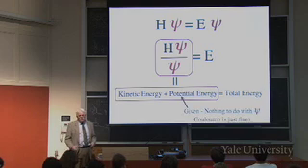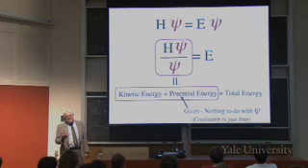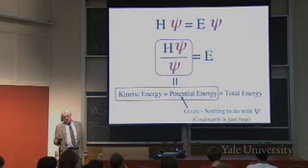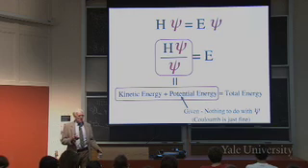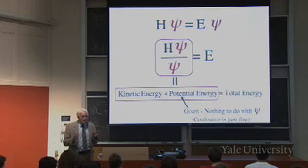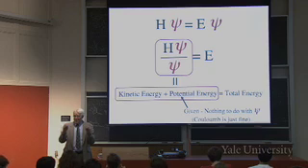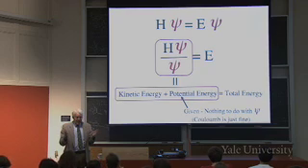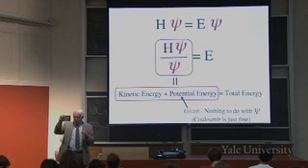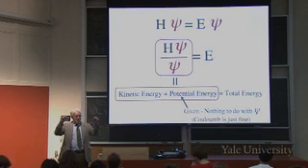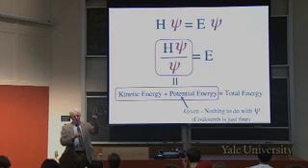Now, the potential energy part is in fact easy because it's given to you, right? What's psi a function of? Position of the particles. Now, if you know the charges of the particles and their positions and know Coulomb's law, then you know the potential energy, if Coulomb's law is right. Is everybody with me on that? If you know there's a unit positive charge here, a unit negative charge here, another unit positive charge here, and a unit negative charge here, something like that.